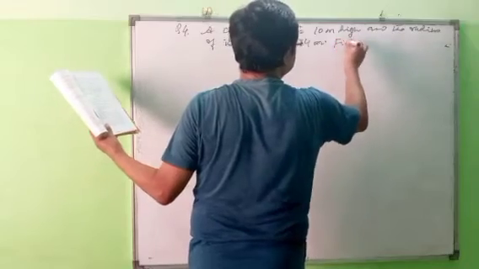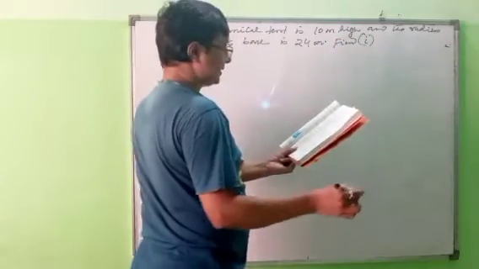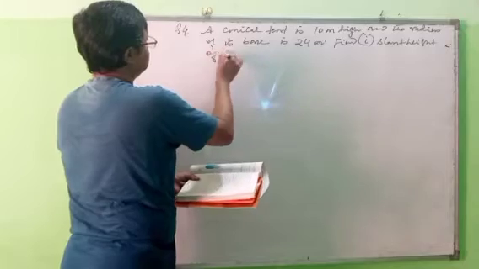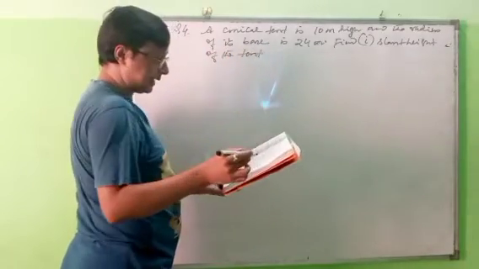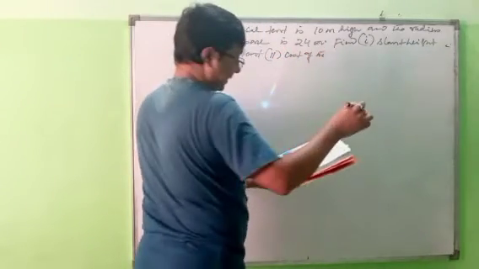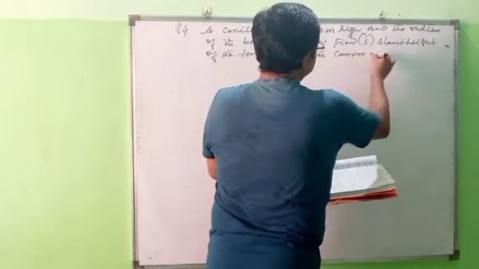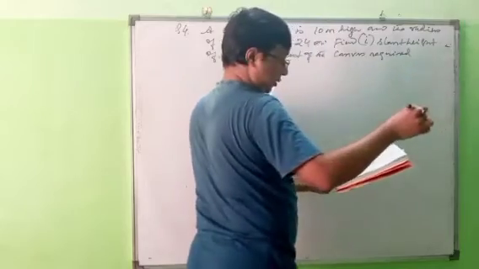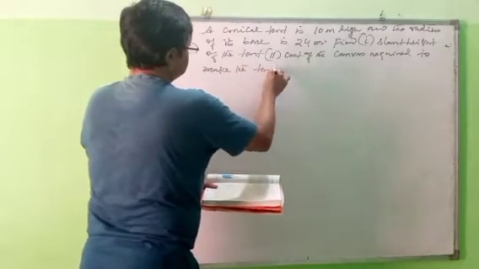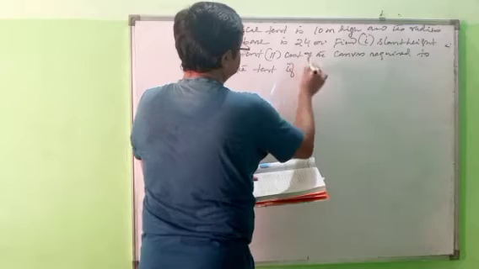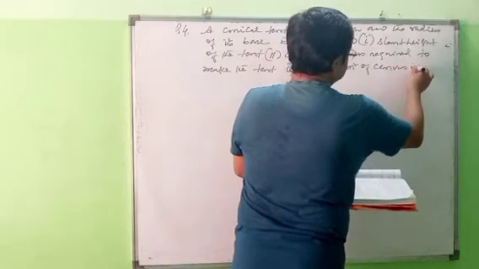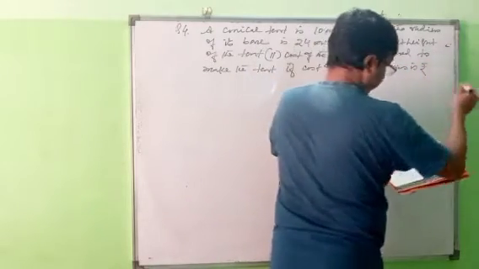Find number 1, the slant height of the tent, and then number 2, the cost of the canvas required to make the tent if the cost of 1 meter square of canvas is rupees 70.